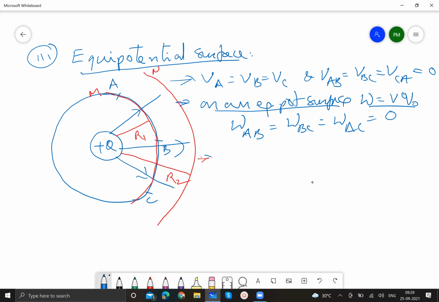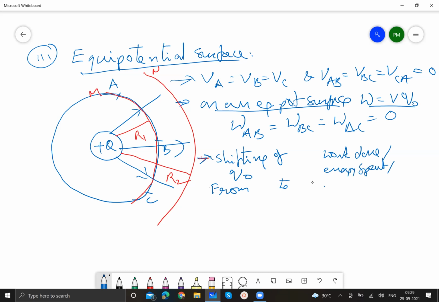So here, shifting of Q naught from 2. Work done or energy spent, or, this is a very important point, energy released.